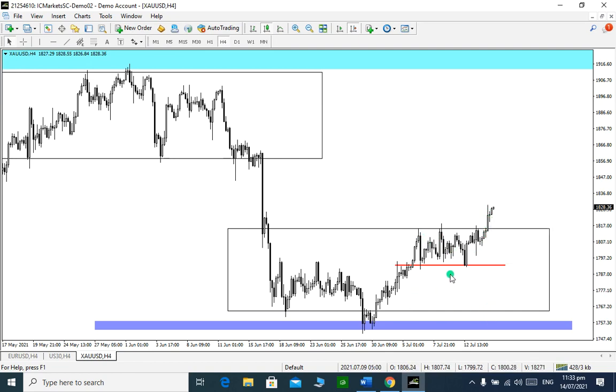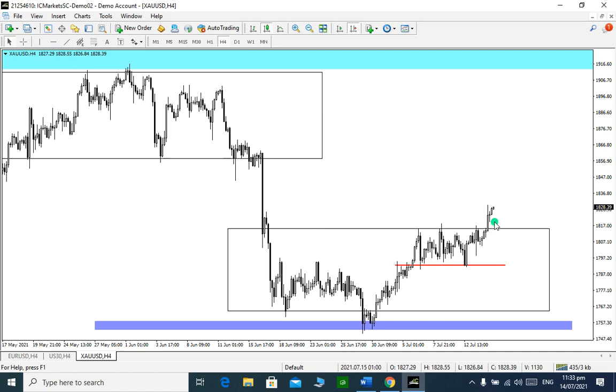But we saw it consolidating towards the upper boundary of this range bound rectangle here. So I expected there was going to be a breakout to the upside because price congested towards the upside here. I told us that I was going to come back to see what price action will do some days after.